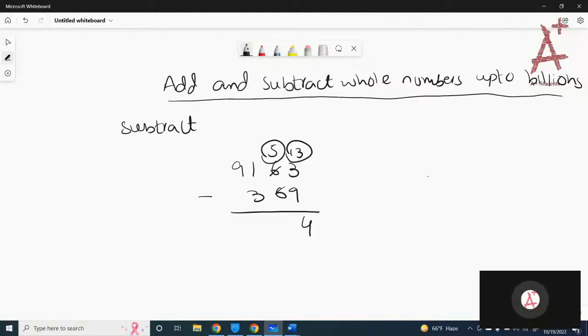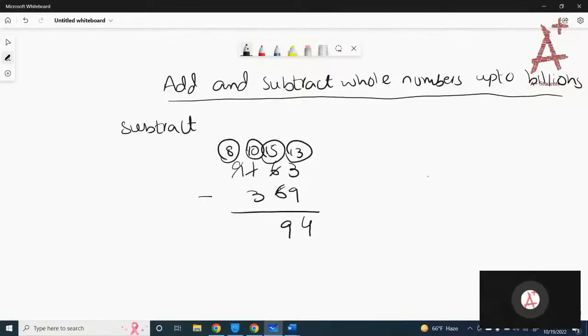Now you have to subtract the tens. 5 subtract 6. Again, 5 is smaller than 6. We cannot subtract a greater number from a smaller one. So here we have to make it 0 and we need to make this 15. Got it? So 15 subtract 6 is 9. Now you need to subtract 3 from 0. Again, 0 is a smaller number. You need to borrow 1 from here.